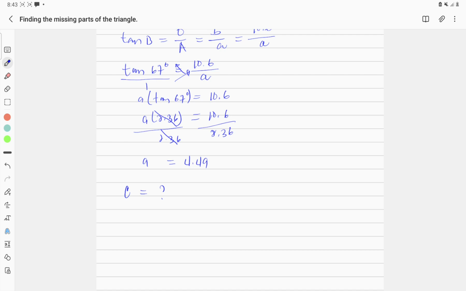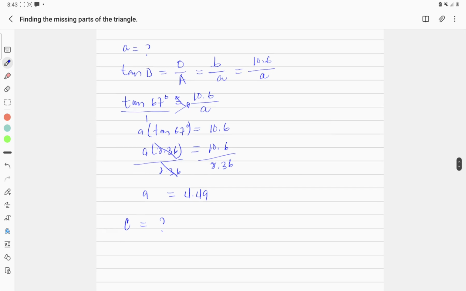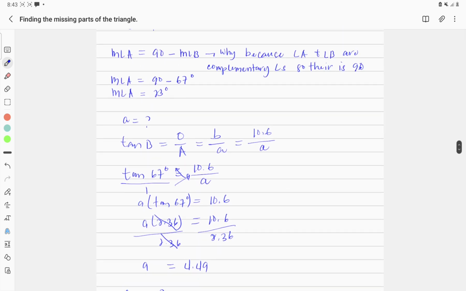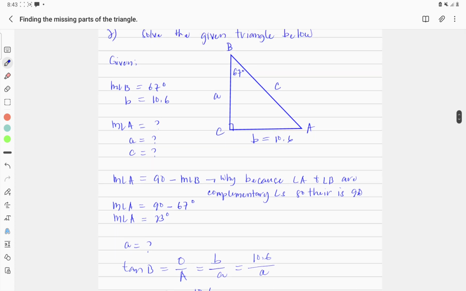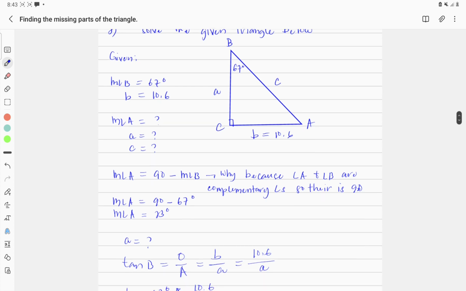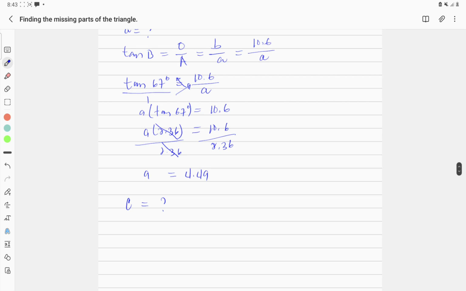Okay, now we will solve for the value of C, the hypotenuse. We can use angle B, and we have the opposite side B and C, which is the hypotenuse. So we have opposite and hypotenuse, so we will be using the sine function. Sine B is equal to opposite over the hypotenuse.